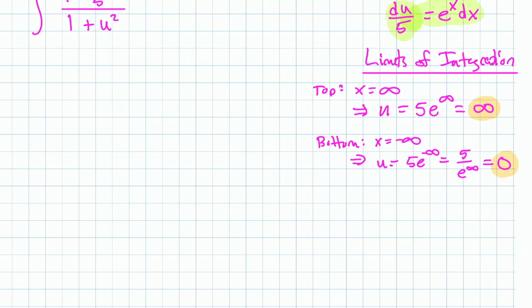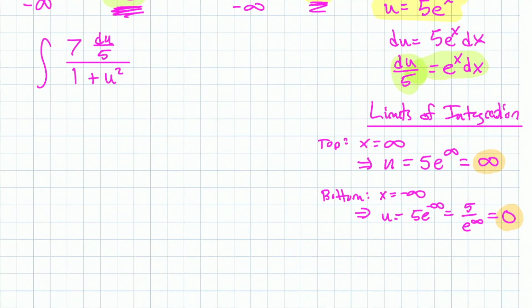So you get 0 and infinity. So in your problem, change your limits to 0 and infinity. Change the limits to match your substitution, and then we can continue on. So this is actually now 7 over 5 integral from 0 to infinity of du over 1 plus u squared.